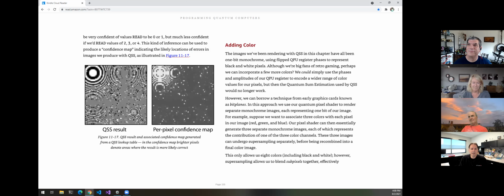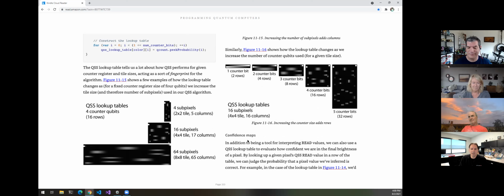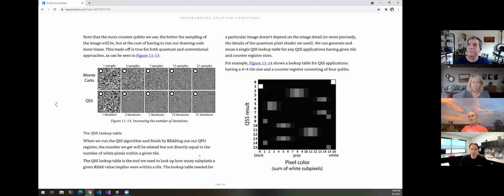And then he talks about confidence maps. With any of these lookup tables, we mentioned, okay, if I get a value, I'm going to see what row I'm in, and then I'm going to see what column I'm in, that shows what the probable white pixels are. Well, then the next question comes up: what about my other confidence lookup table here? If I got a 1, I'm 100% confident there were no white pixels. If I got a 0, I'm 100% confident there were all white pixels.